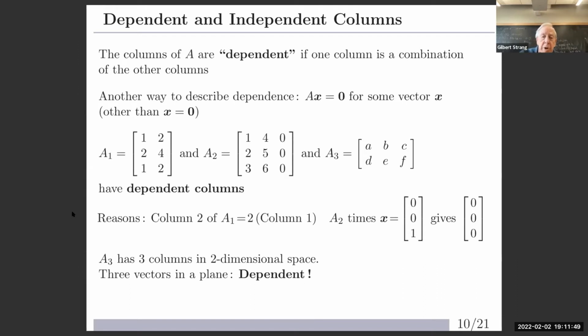So the 3 columns don't go into 3 separate directions, because 0, 0, 0 doesn't get started. And finally, A3, there will only be 2 independent columns in 2-dimensional space. Okay, you're ready for the next slide.